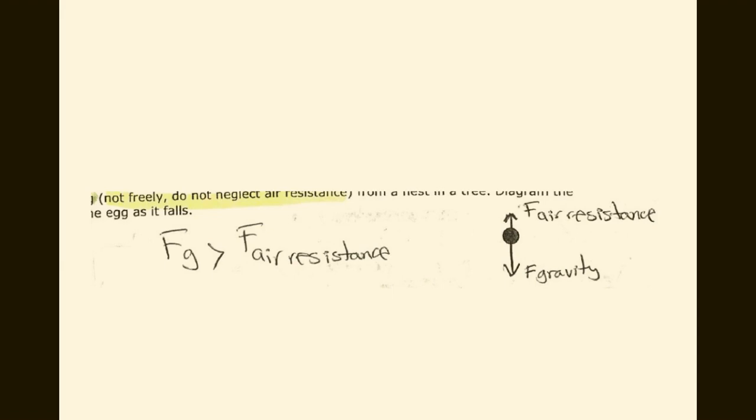But F air resistance is actually less than F gravity, which means the F gravity is winning, if you want to think about which side is winning and which direction the object is moving. So F gravity has a larger arrow and it's greater than air resistance, so the object is moving and accelerating downwards. Make sure that the arrows and vectors are relative to each other: F air resistance has to be smaller than F gravity.